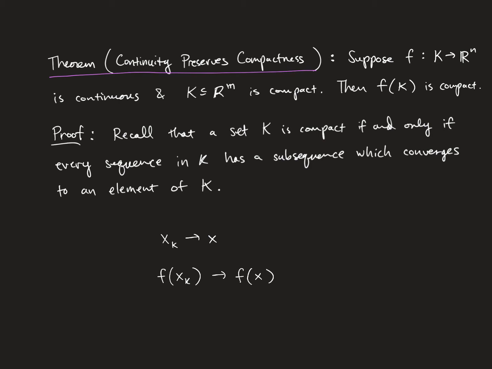So we have a sequential characterization of continuity and a sequential characterization of compactness, and those two things are going to play nice together. That's the underlying idea that motivates using this characterization. Okay, so let's put this in parentheses here, and we'll start the proof proper down here.